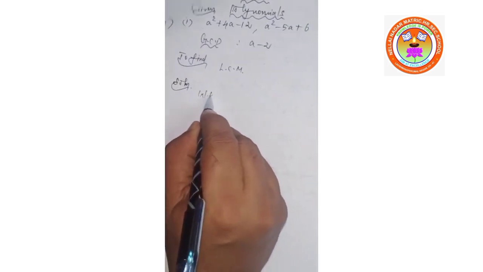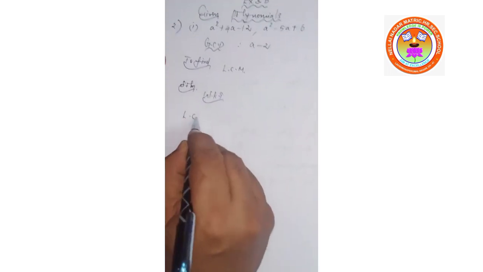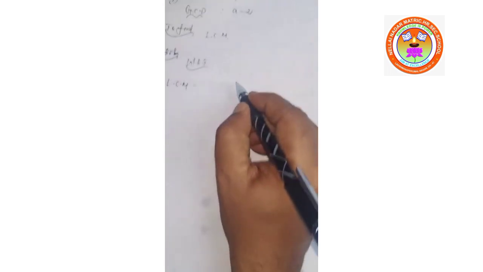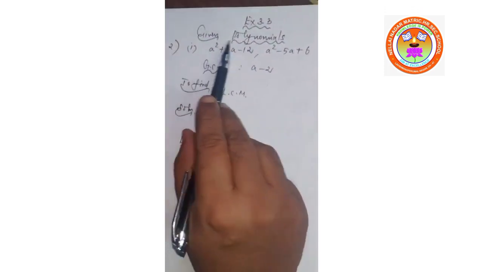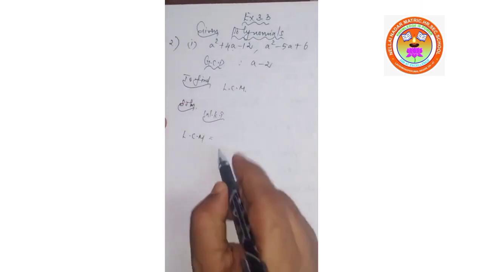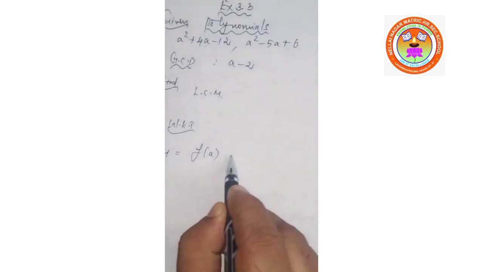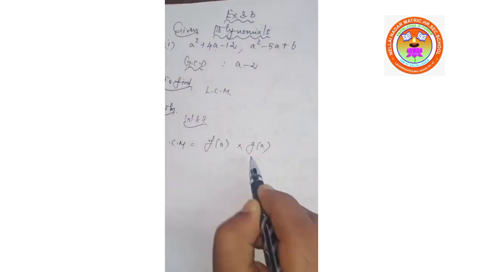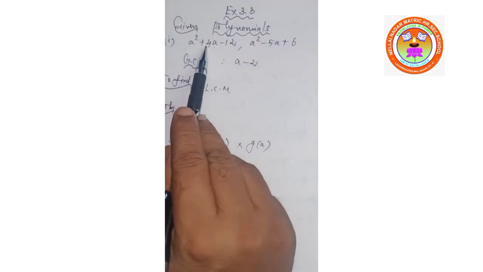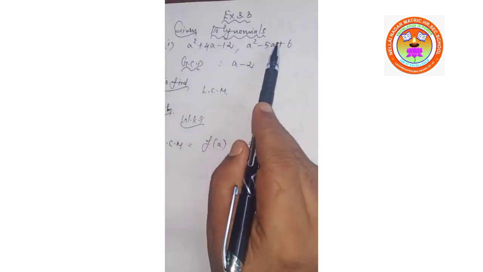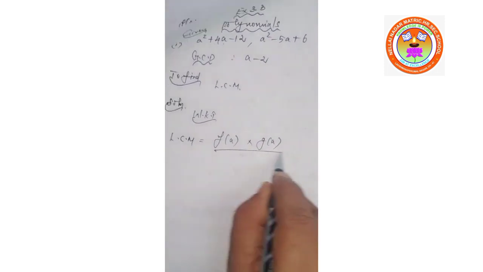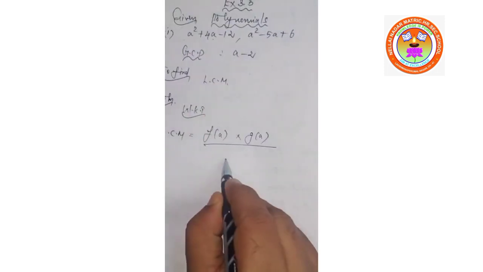We know that the LCM formula, since the polynomial is in terms of a, you write f of a into g of a. Suppose you are given the polynomial in terms of x, write f of x. Okay, so f of a and g of a divided by GCD.